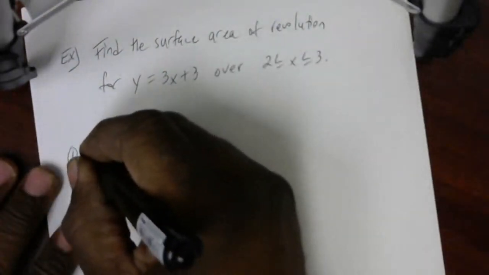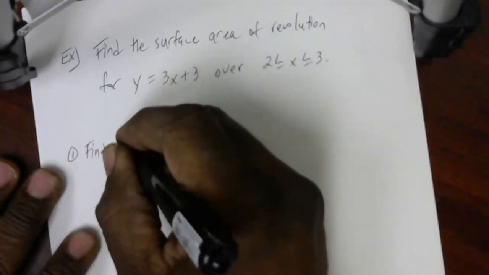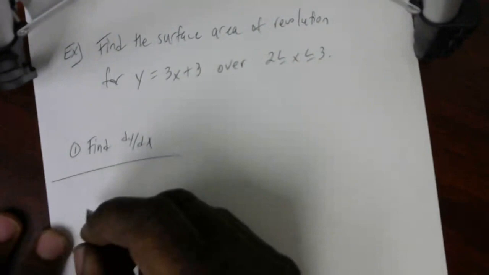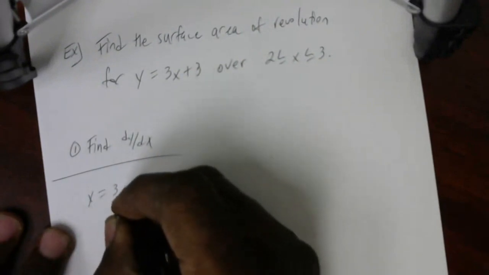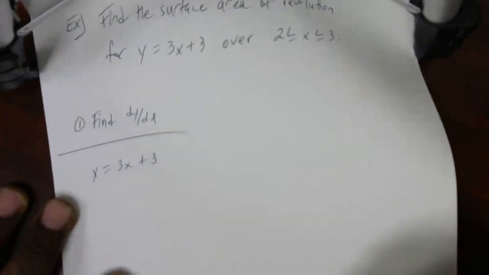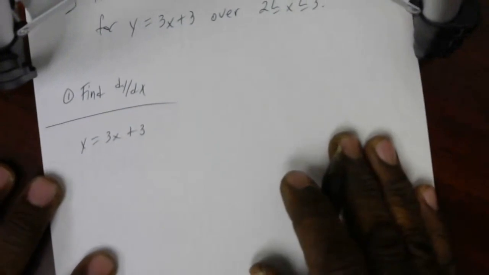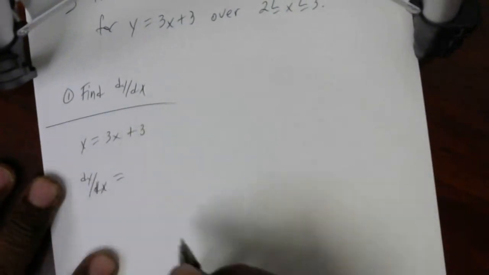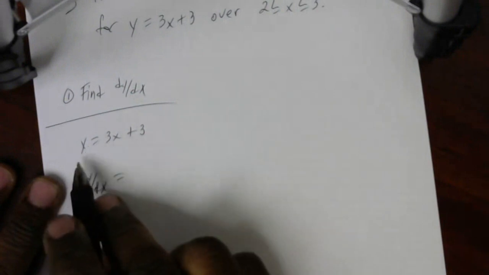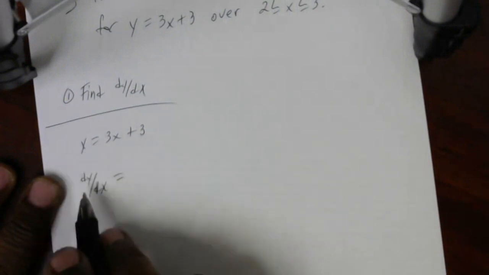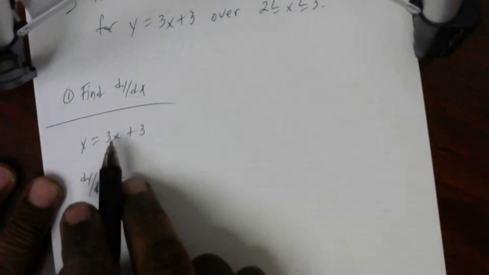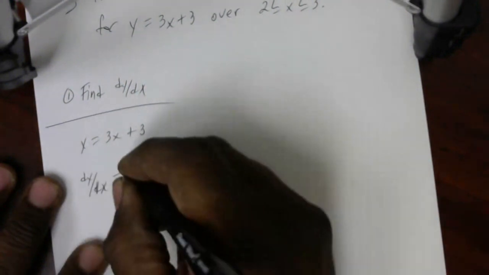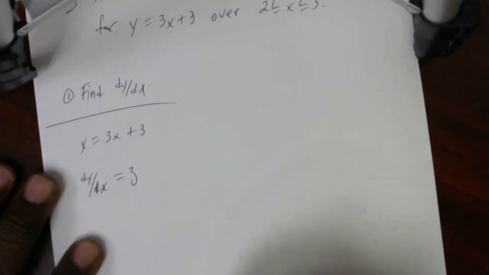The first thing we'll do is find dy dx. So we have y is equal to 3x plus 3. If we take the derivative with respect to x for both sides, on the left-hand side we have dy dx. The derivative of 3x plus 3 with respect to x is 3.